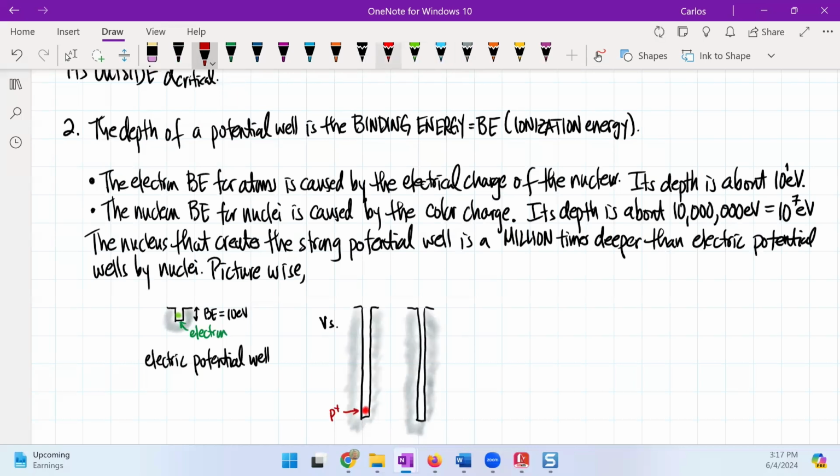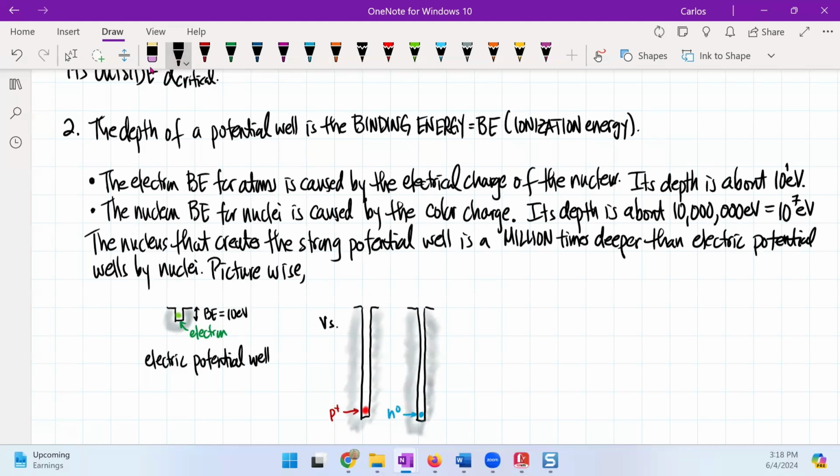If I have a neutron down here at the bottom, that right there is my neutron. You can see that the well has the same depth because it doesn't distinguish between them.